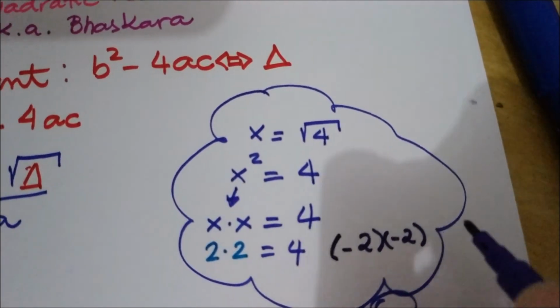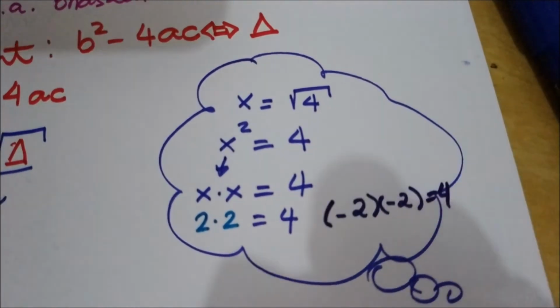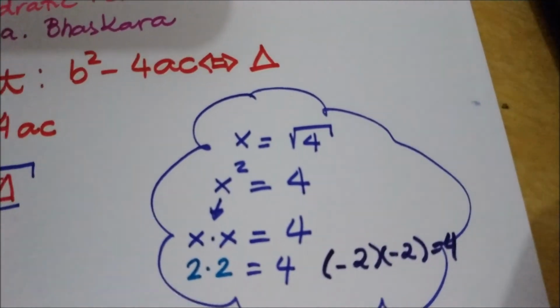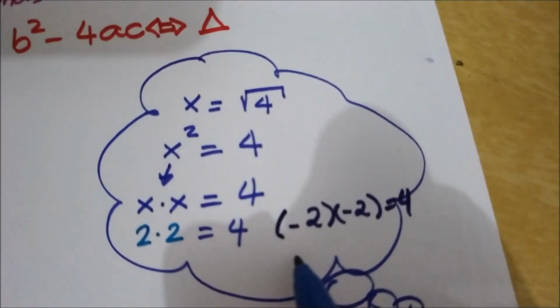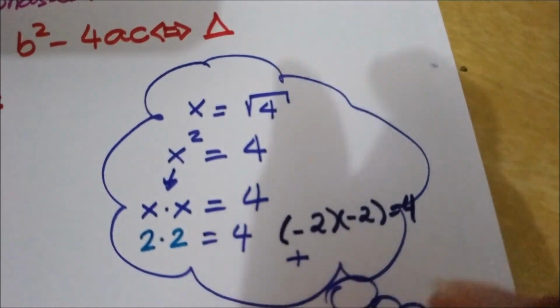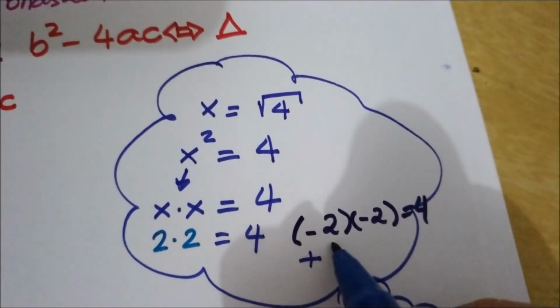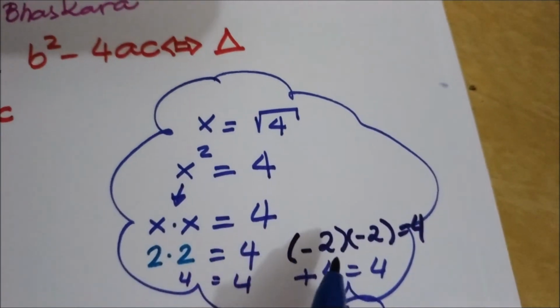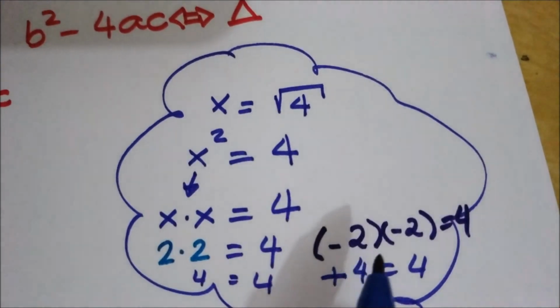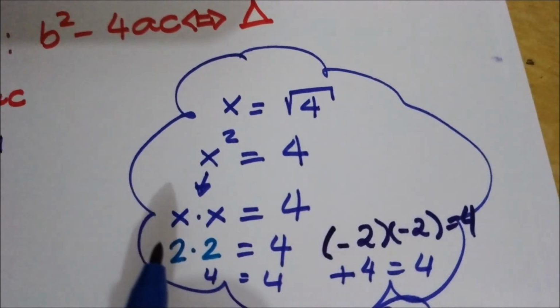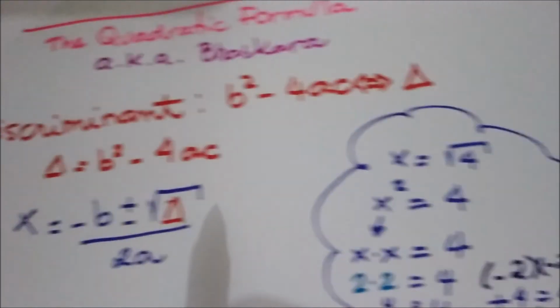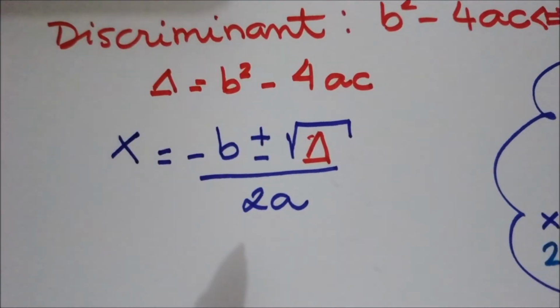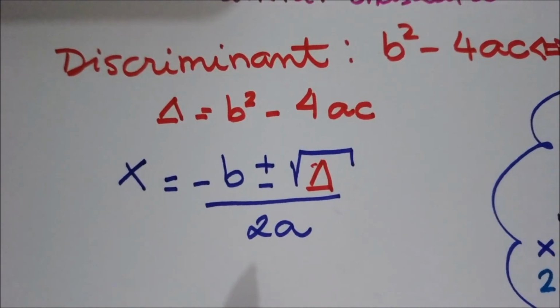It is also 4, right? Because negative with negative is going to be positive. Because we could have a positive and a negative number multiplied by itself and still get the same result, this is the reason why we have the positive and the negative sign over here.